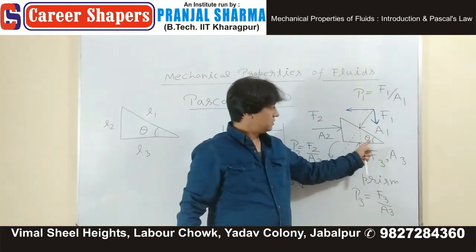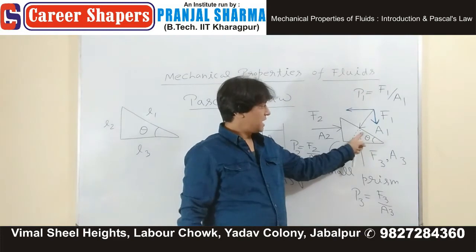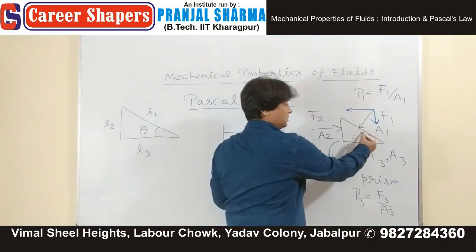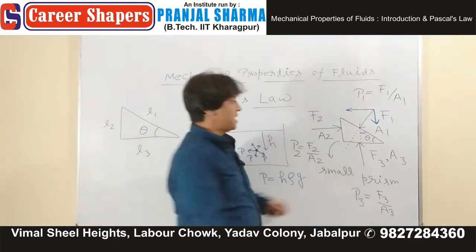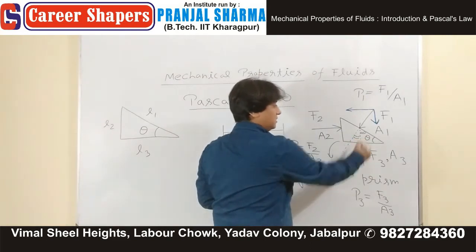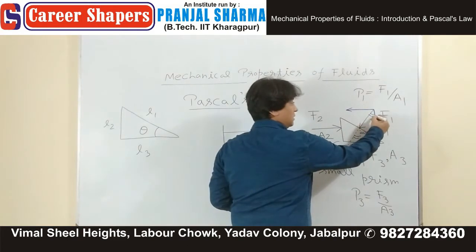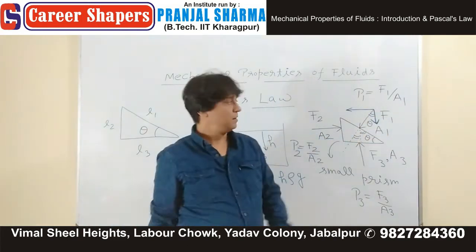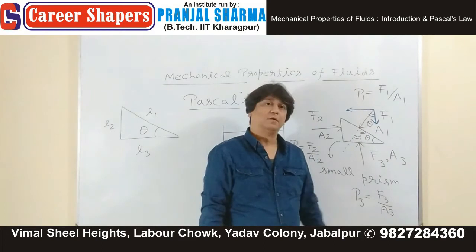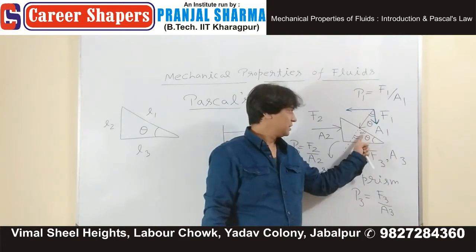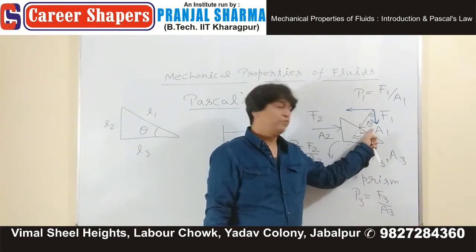This is theta. This is 90 minus theta. This is 90 minus theta, then this is theta. If this is theta, then this angle is theta. Simple. Theta, 90 minus theta, theta, theta.